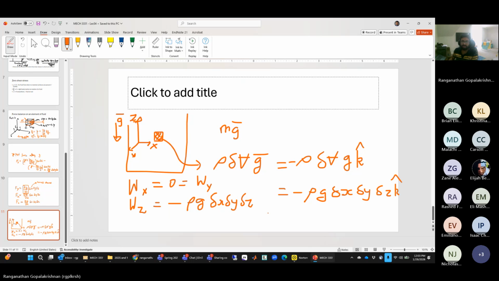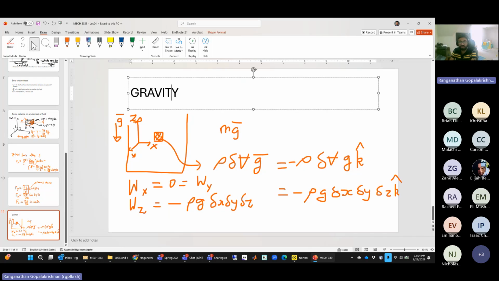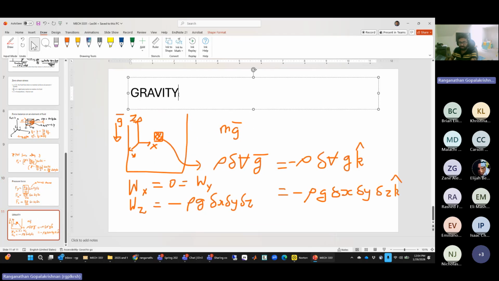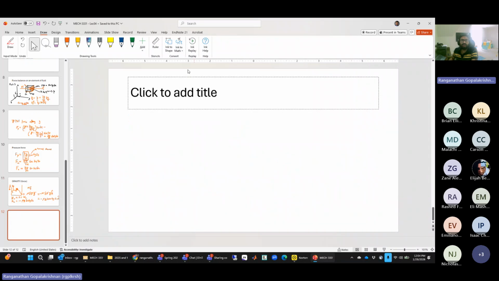Okay, so this is gravity. So we are dealing with each force, gravity, and then we have pressure force, XYZ component, gravity. Nobody says gravity force, but I like to say it in this context. Gravity force. Okay. All right.